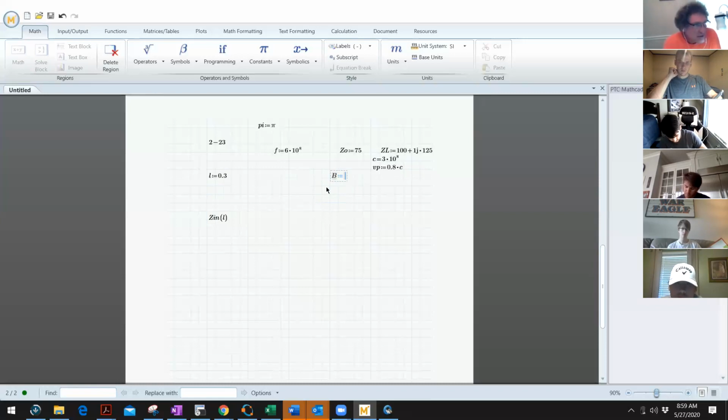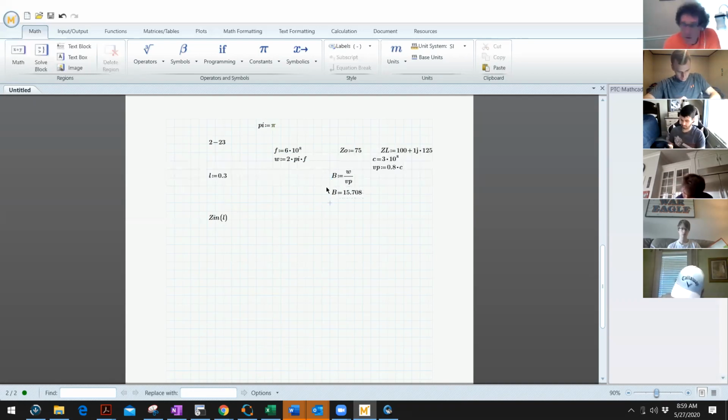So beta would be omega divided by phase velocity. And I didn't put omega here, but I'm about to. My omega is 2 times pi times f. And that means my beta, you can check yourself on that, is equal to this. Correct, class? I'm just using the fundamental definitions.